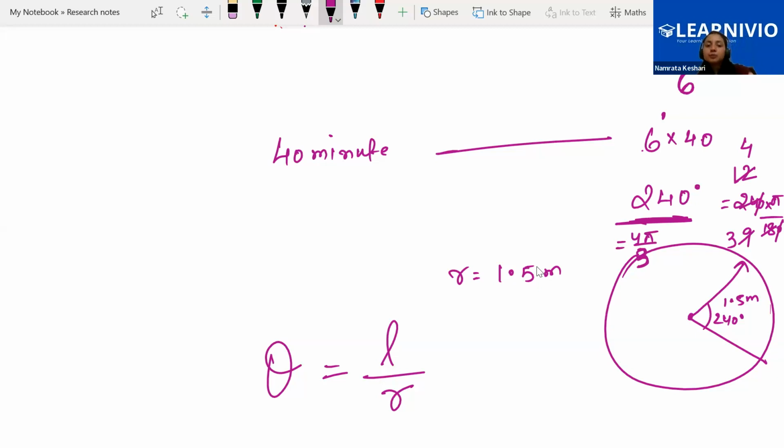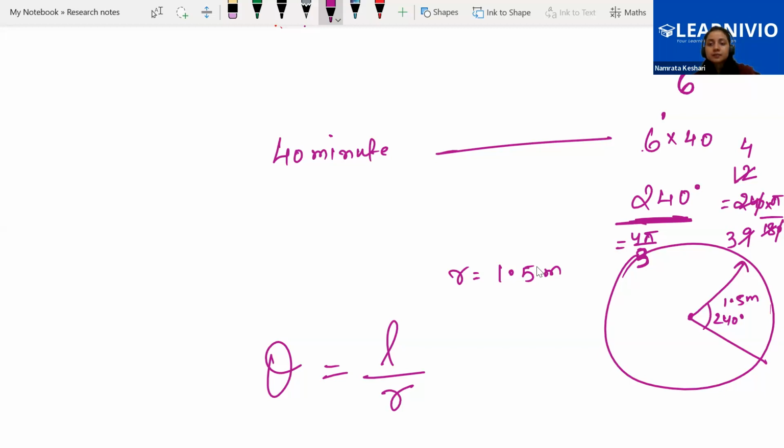Is it coming as 4 pi by 3? 240 degree when we are converting it in radian. Are you getting the same, Alina?